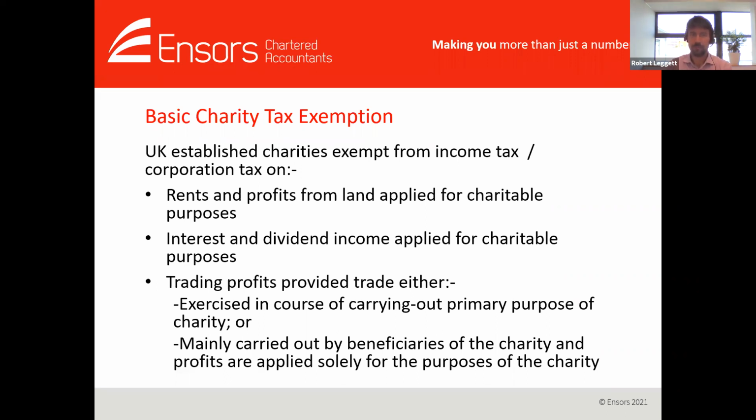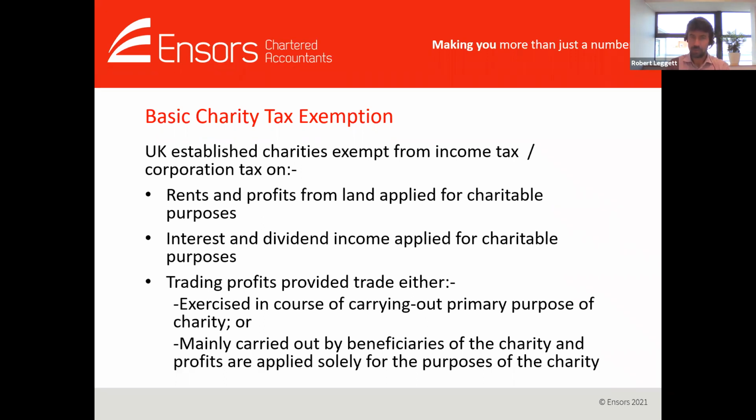And there's a subtle difference here between the first few types of income and the trading profits, in terms that for rents, interest, dividends, etc., the profits simply have to be applied for charitable purposes. And that could be for the benefit of another charity, if, for instance, you made a grant of money to another charity, whereas for trading profits, they've got to be applied solely to the purposes of this charity.